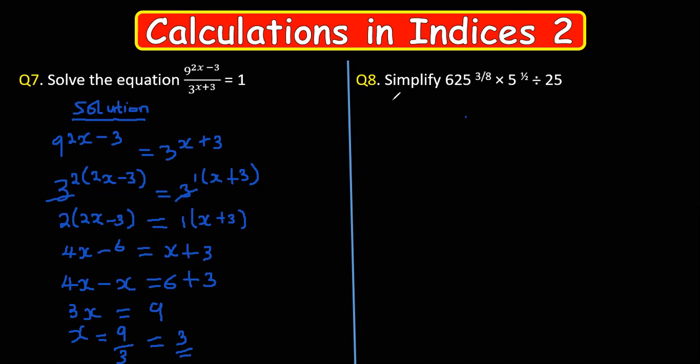Okay, I want to write the solution. So we have 625 raised to the power of 3 divided by 8 multiplied by, what do you have here? 5 is raised to the power of half, then divided by 25.